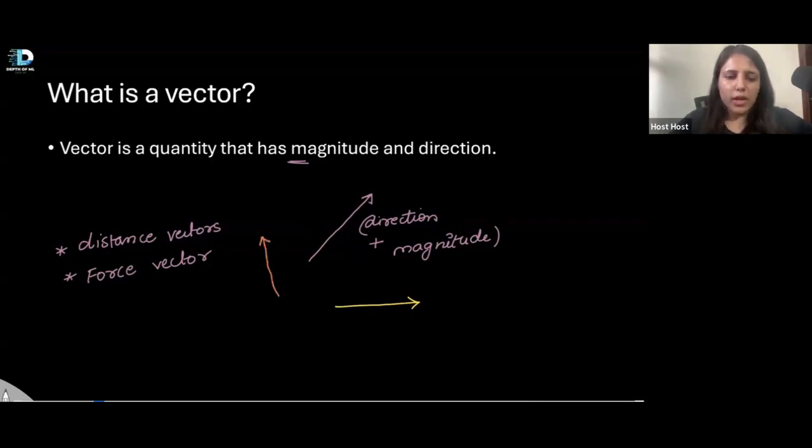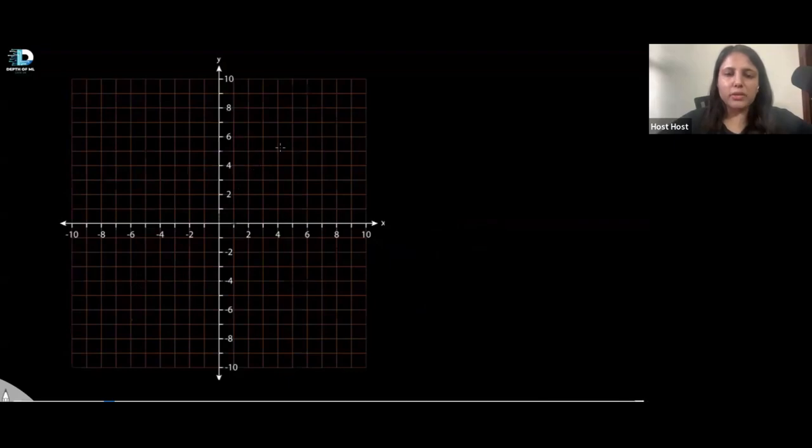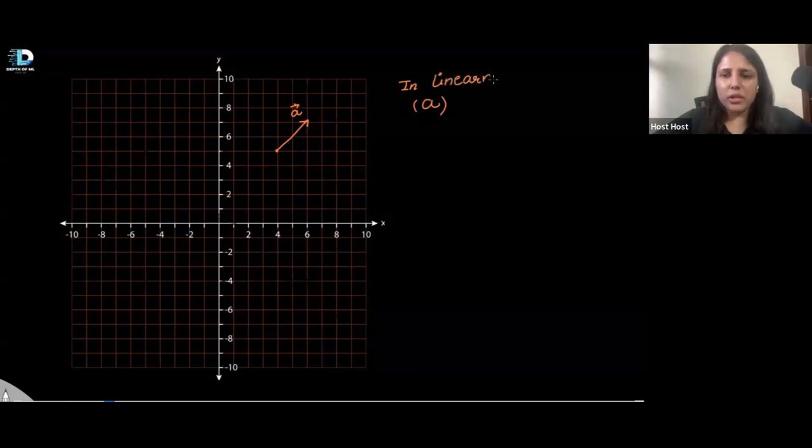So you might have seen vectors like this or vectors like this, right? And you might have also seen vectors in a 2D space. For example, I can draw a vector like this. This is a very valid vector. And usually in physics, we represent them like this. But in linear algebra, we'll just denote them via a single small letter alphabet.